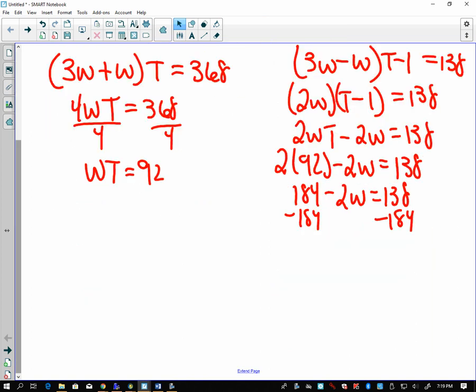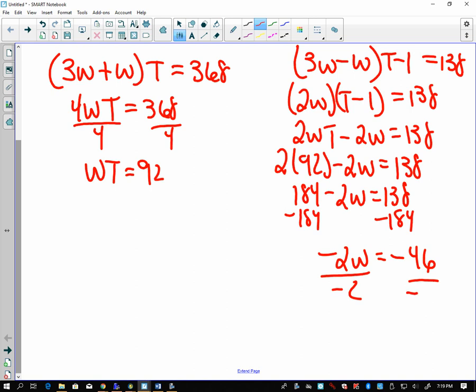Negative 2W equals negative 46. Divide by negative 2. W equals 23. Speed of the current is 23 miles per hour, which is correct, so we haven't broken anything here.